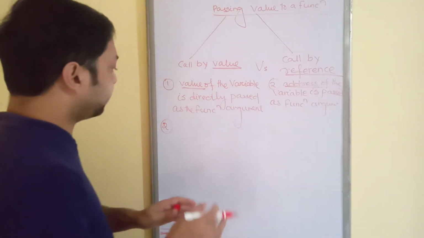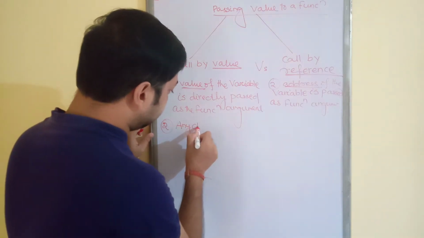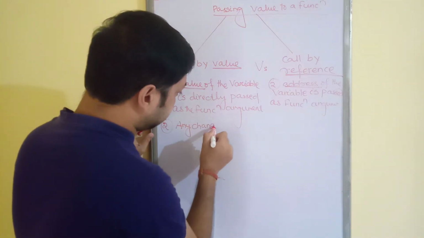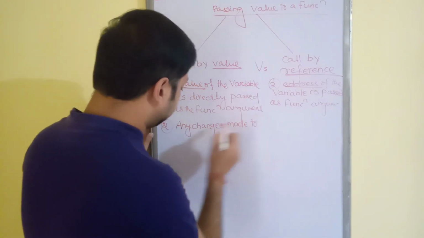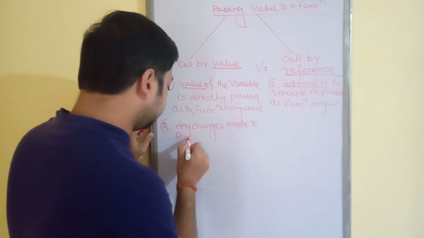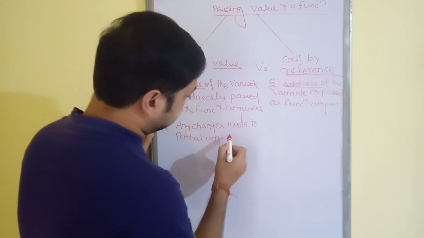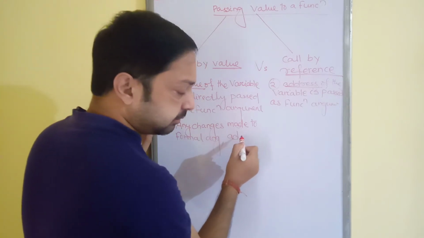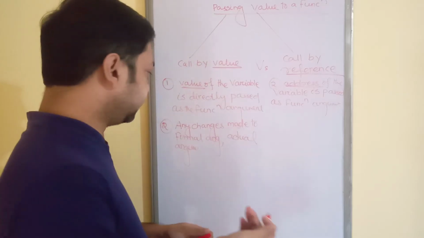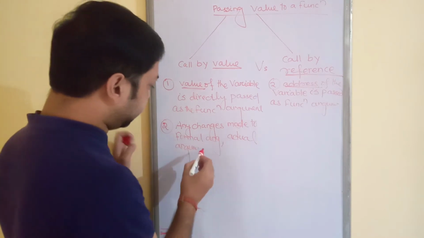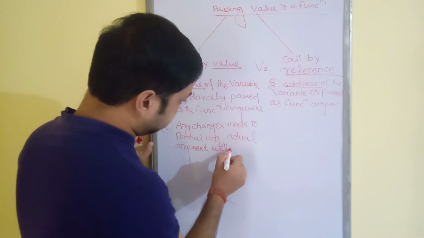So the second difference is that in call by value, any changes made to the formal argument, the actual argument will not change.